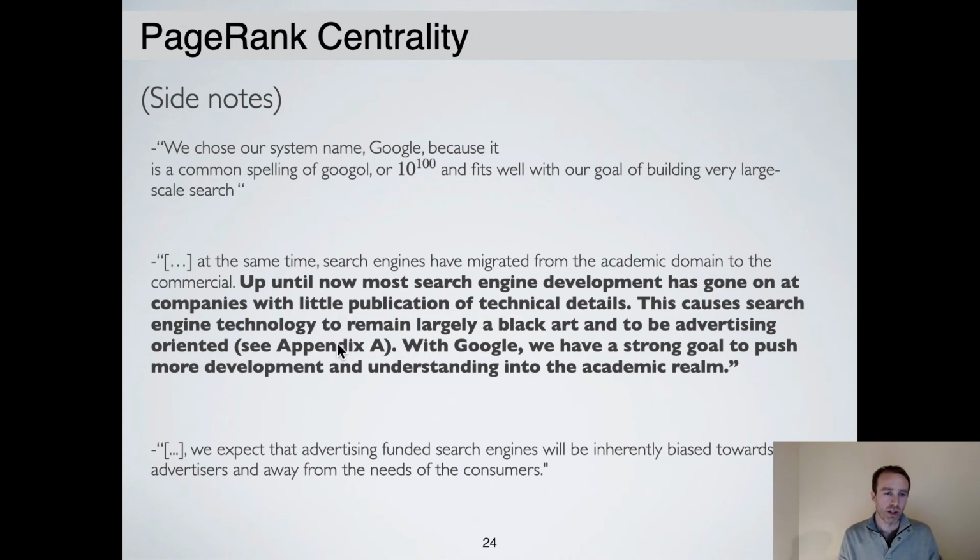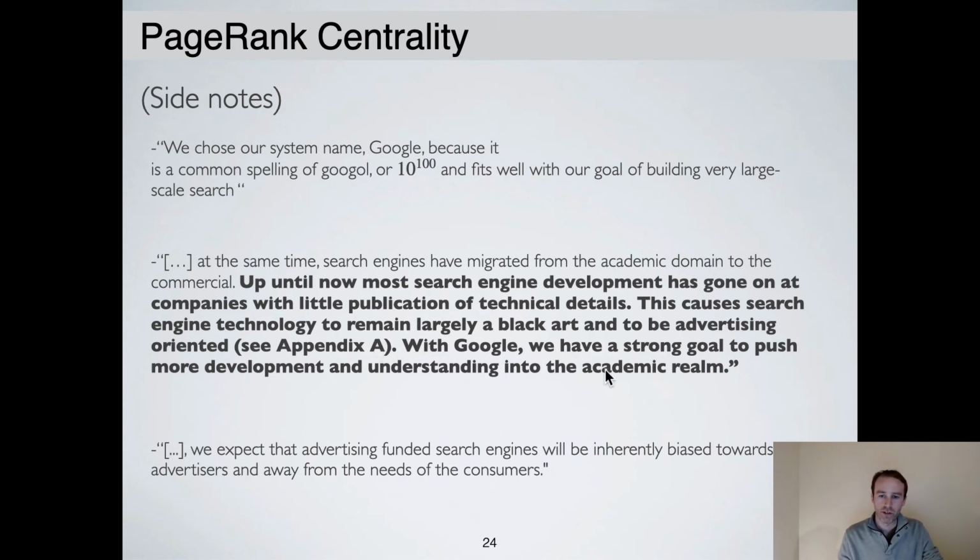The paper is quite interesting to read, and in particular, you find this in the original paper. They say that up until now, most search engine development has gone on at companies with little publication of technical details. This causes search engine technology to remain largely a black art and to be advertising oriented.